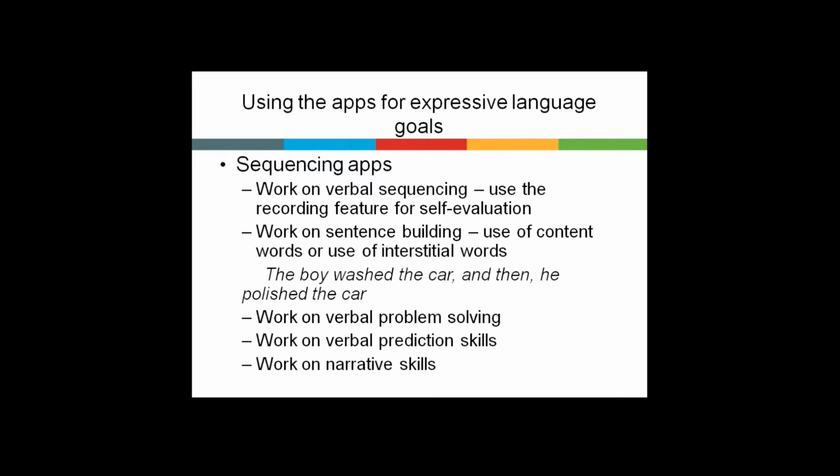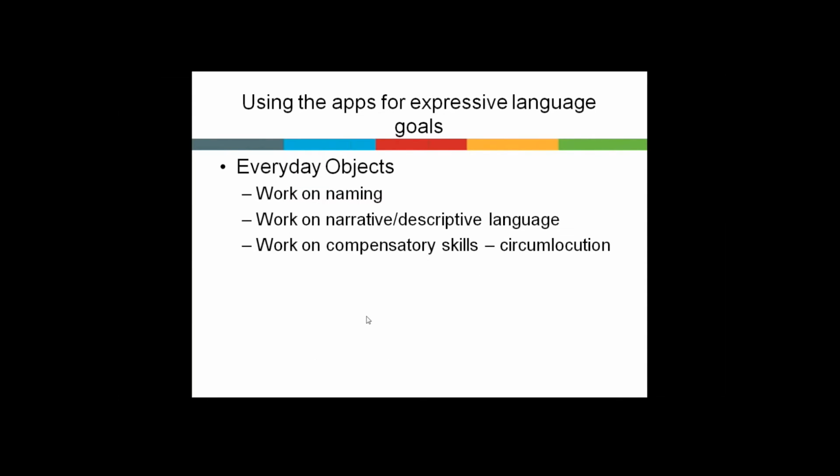Working on sentence building, so working on the use of adding in the content words, or use of all the little words. Working on verbal problem solving, verbal prediction skills, narrative skills. I think there's lots you can do with the sequencing apps, which if you have the box sets, you probably know.